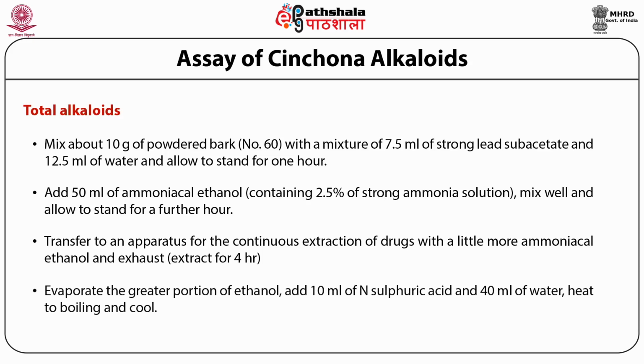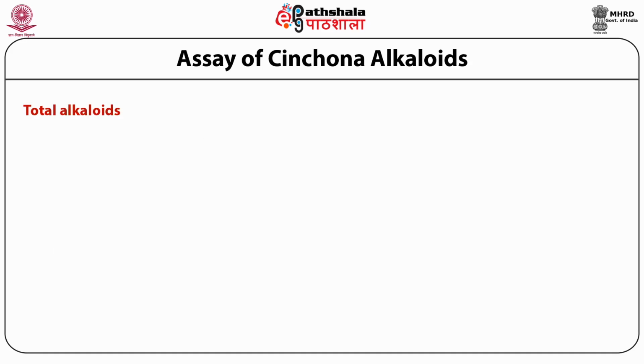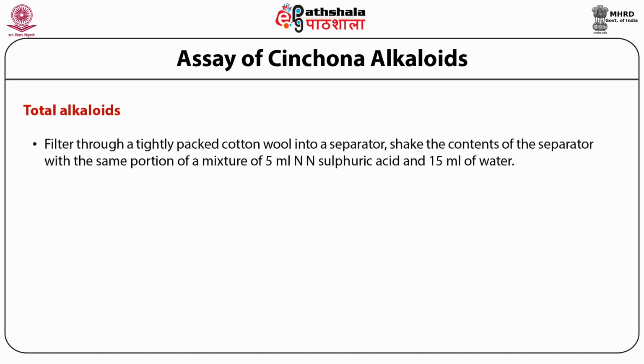Evaporate the greater portion of ethanol. Add 10 ml of 1 normal sulfuric acid and 40 ml of water. We heat it and allow it to cool. Filter through tightly packed cotton in a separator and extract it with portions of a mixture of 5 ml of 1 normal sulfuric acid and 15 ml of water.